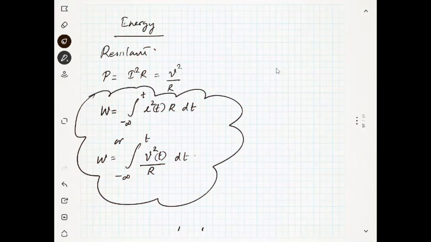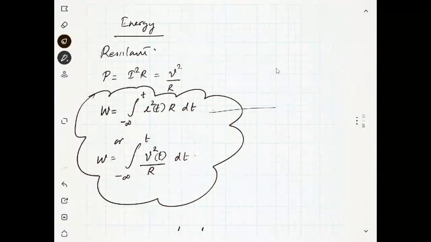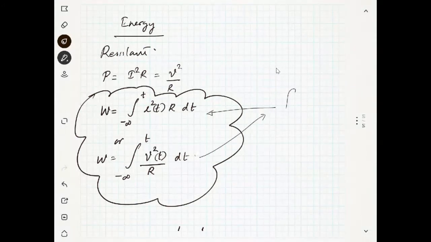Have you noticed something? In the equation of the energy, you can see the integral from minus infinity to t. That means the energy drop across a resistance will depend on all the previous time.